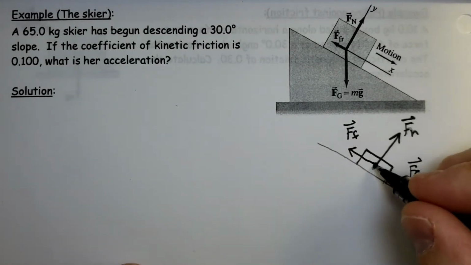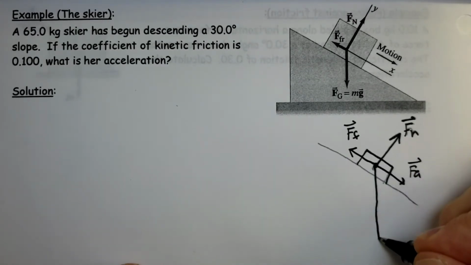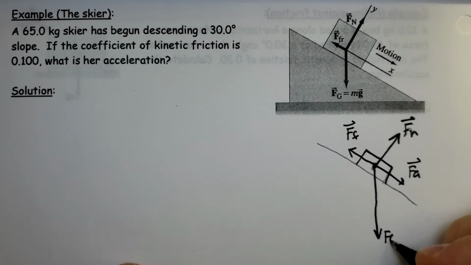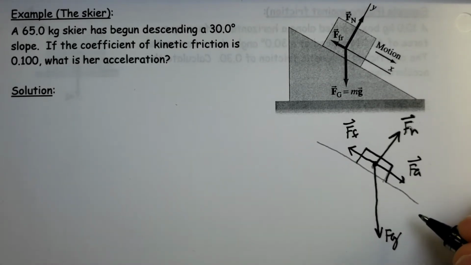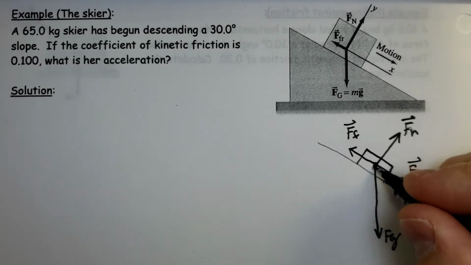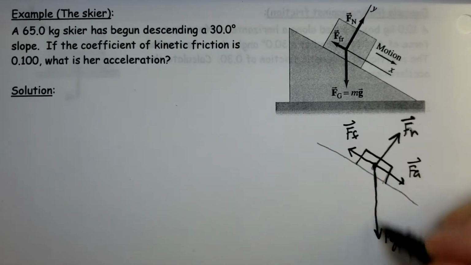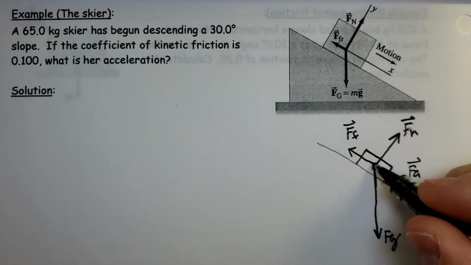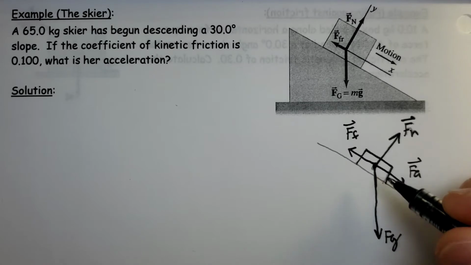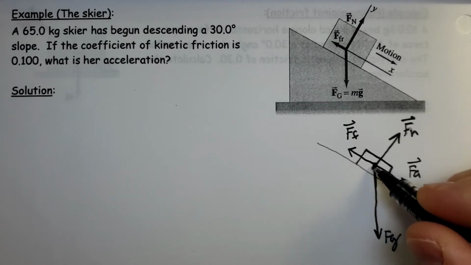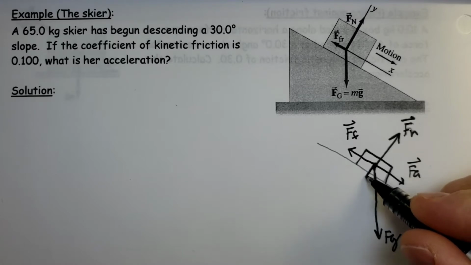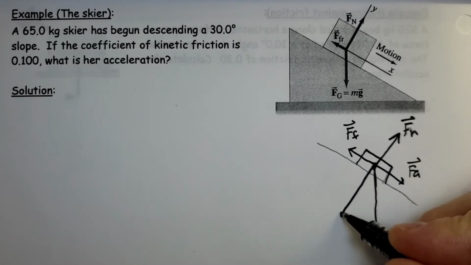Now something interesting happens here. We have Fg pulling downwards. The geometry of an inclined scenario is like this. This triangle can be broken down into a right triangle, kind of different from the right triangles we're used to. Usually we make the components on the x and y axis.